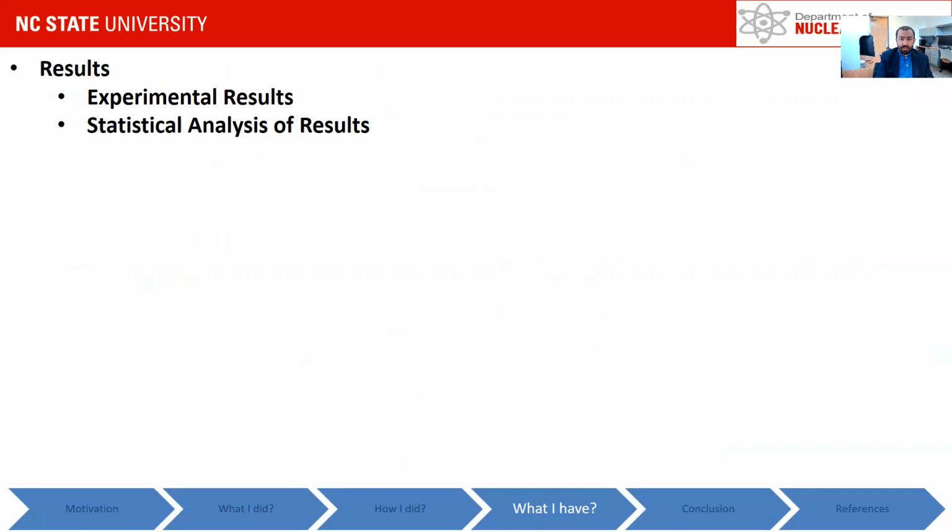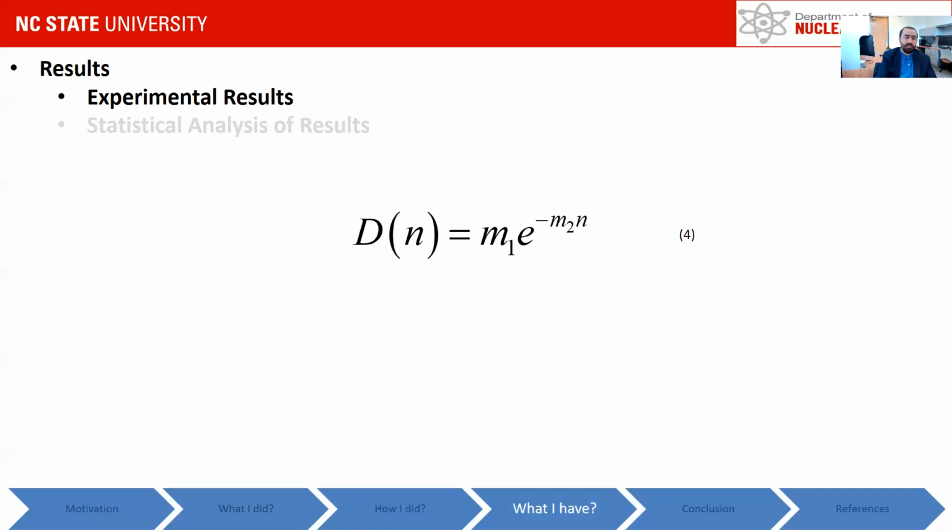The results will be discussed in two steps: the experimental results, and then the statistical analysis of those experimental results. Starting with the experimental results, we need to put a function to fit the data, to model the data. In this case, it is different from the low dose assessment. Here, the initial dose is really high compared to the background dose, so the function suggested in the low dose assessment will not work, because the background dose is so small when compared to the high dose.